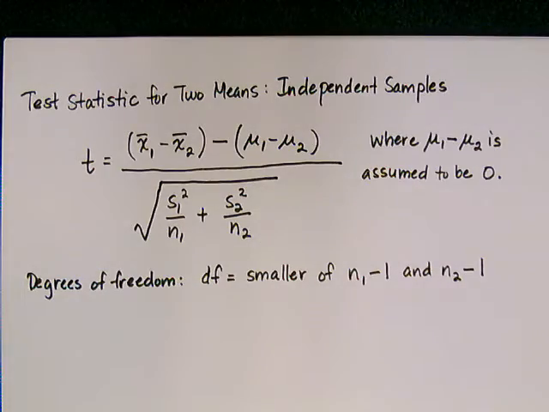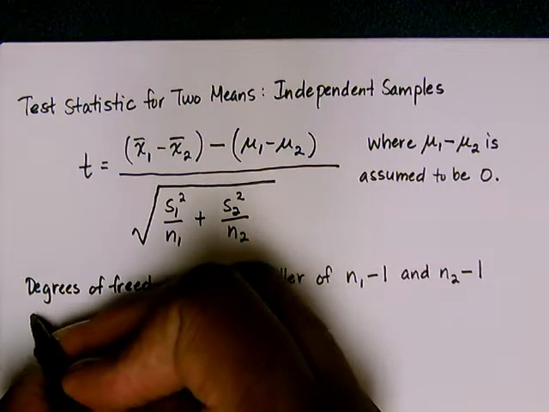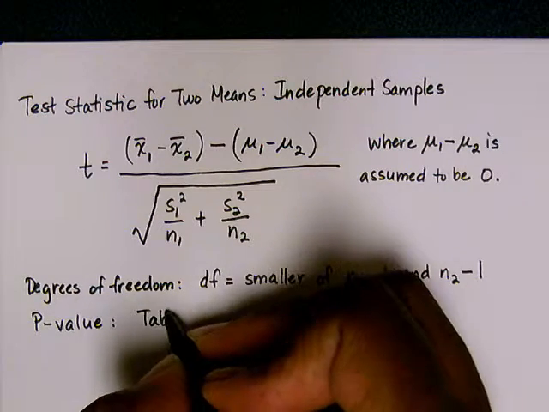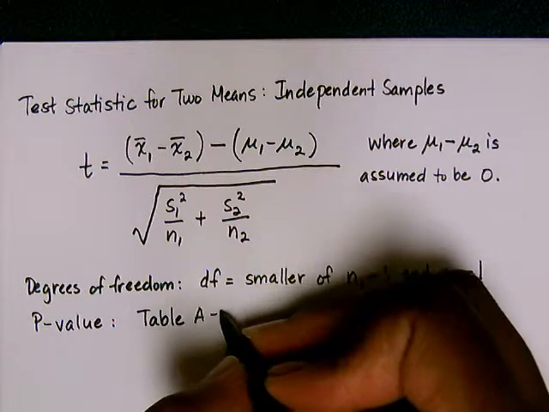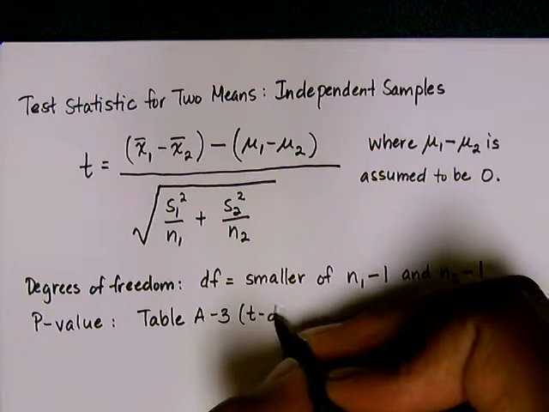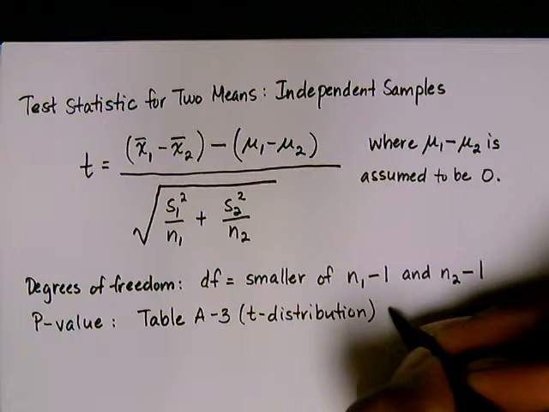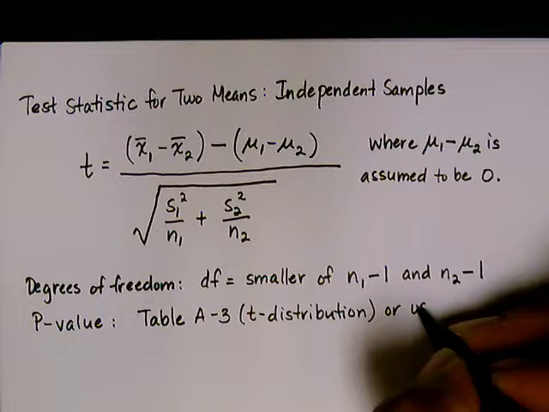Now your calculator will give you the degrees of freedom, but it uses a totally different formula to calculate its degrees of freedom. Here we're going to be using the conservative number of degrees of freedom, either n1 minus 1 or n2 minus 1. Now to calculate a p-value, you'll use table A-3, which is the t distribution, or use technology.